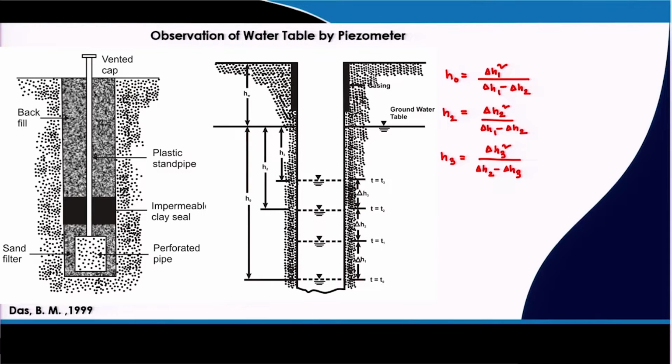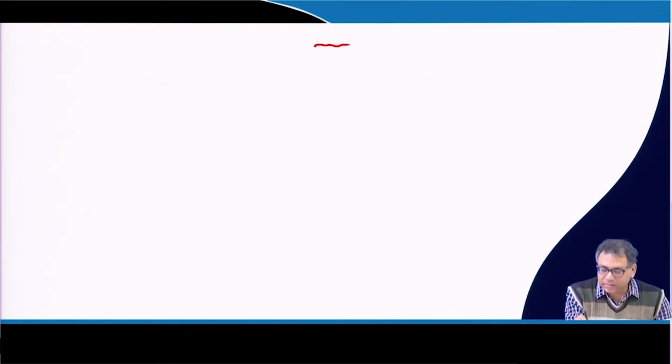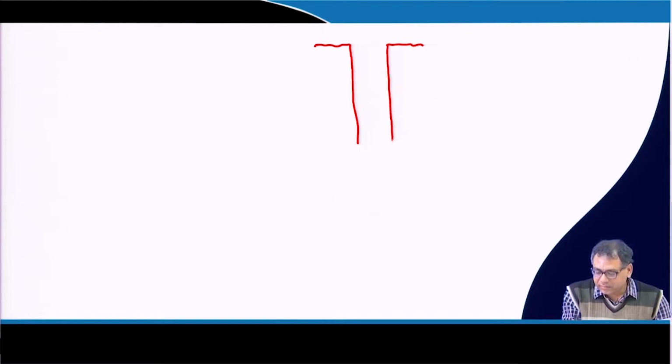Now, one example problem I want to show. Suppose we have a ground, this is the ground surface, and this is the borehole.